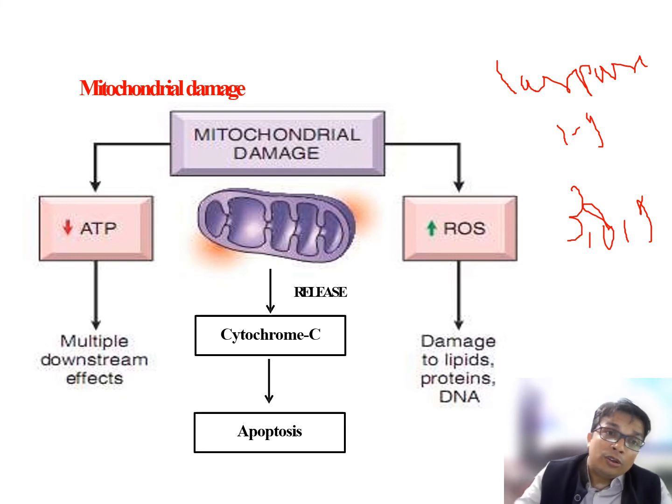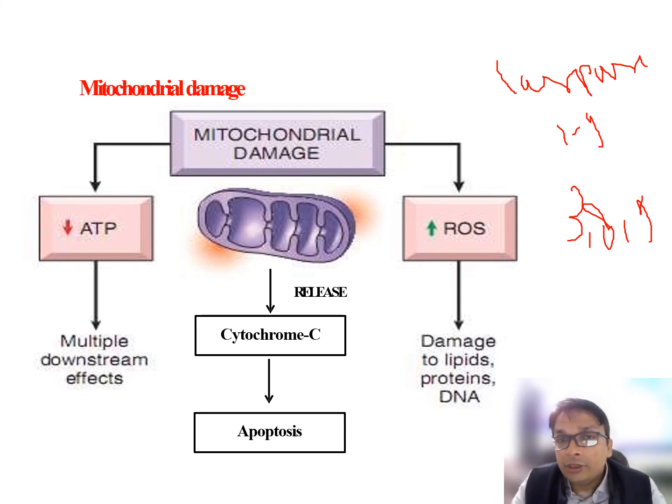Moreover, if mitochondria get damaged, it is very well known by researchers that the production of reactive oxygen species becomes higher. The name itself suggests that reactive oxygen species are highly charged, overexcited molecules.